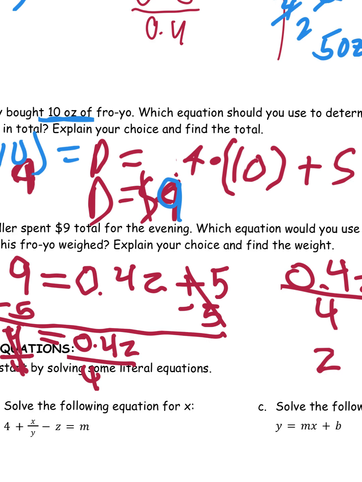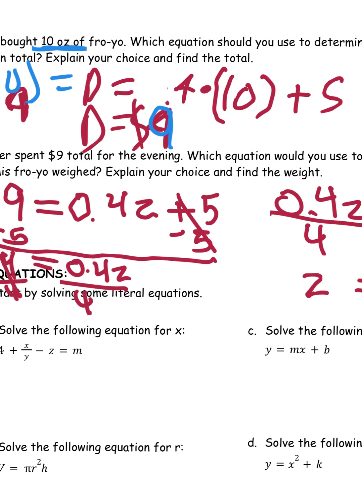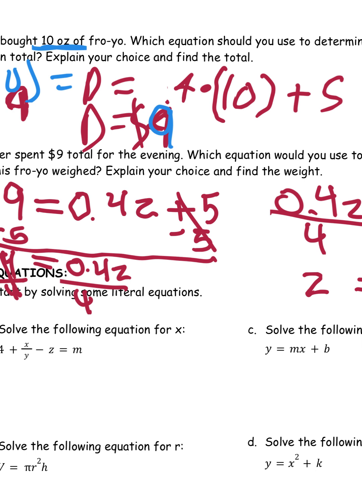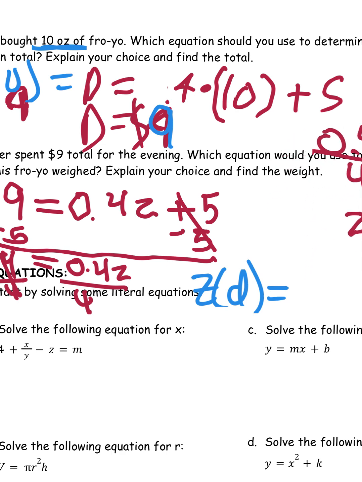And then this last one was done using the original, but it also could have been done using the Z of D. If we used that Z of D, we would have put in the dollars, which were 10, 9, minus 5, and divided it by 0.4.